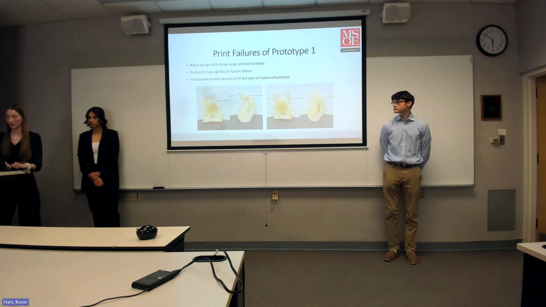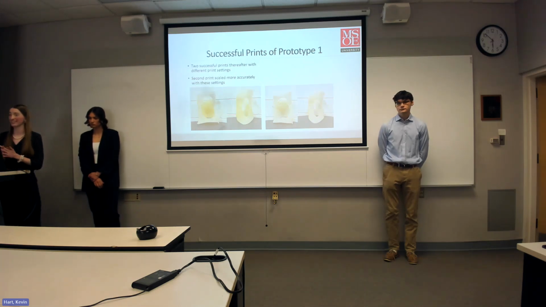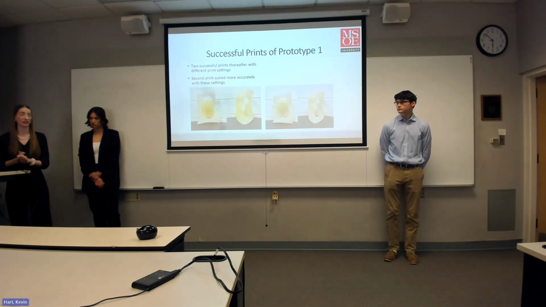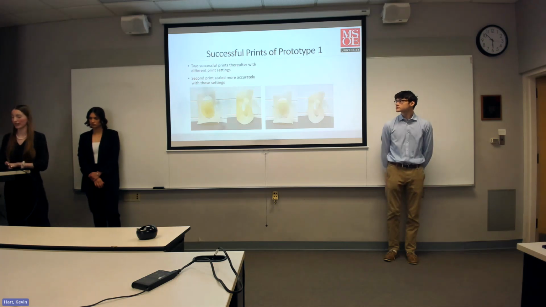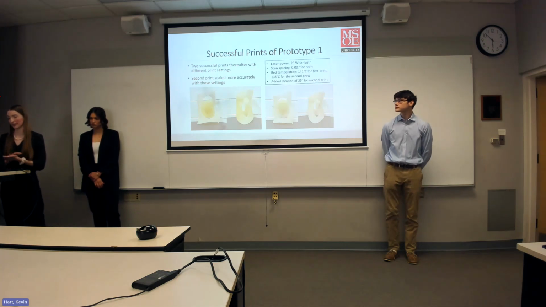So in an attempt to improve upon this, we examined the SLS settings within the software at RPC, and we were able to get 2 successful prints. The first successful print is shown on the left and the second successful print on the right there, utilizing the following settings here.